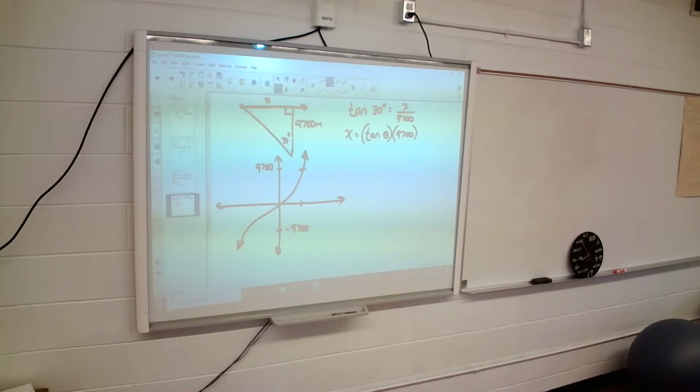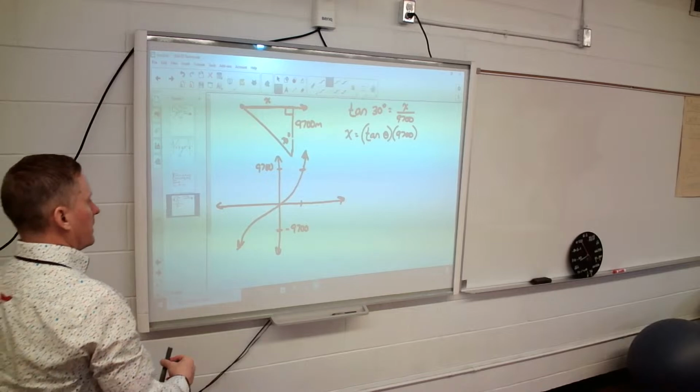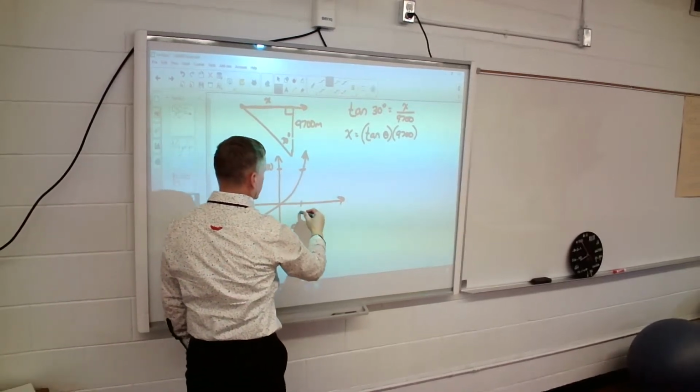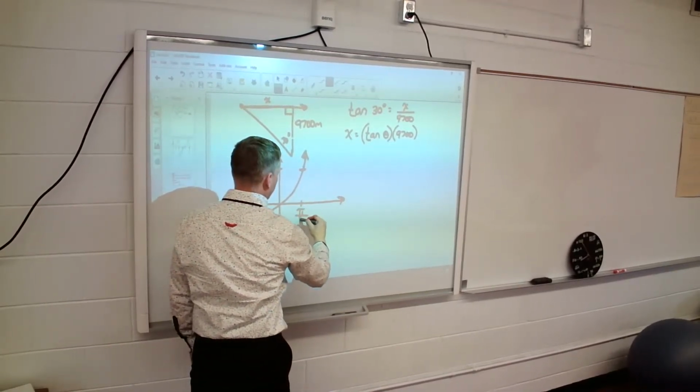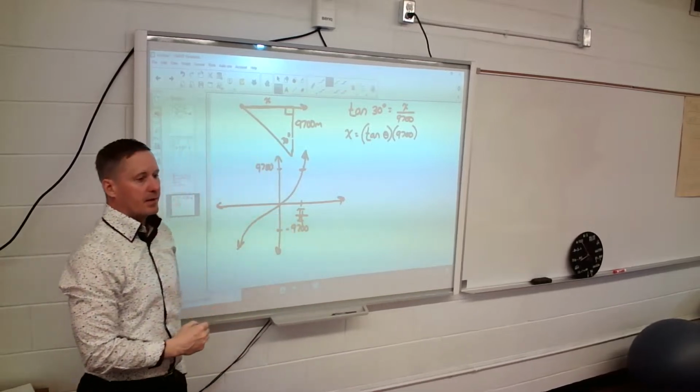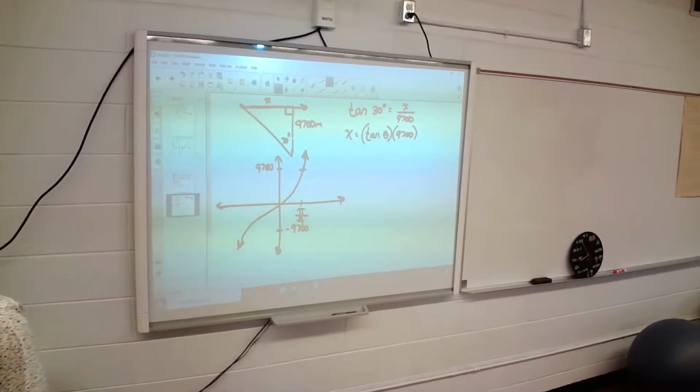Pi over 4. Yes. So the answer to my question is this. That's above and beyond. At pi over 4, the tan of pi over 4 is equal to 1.